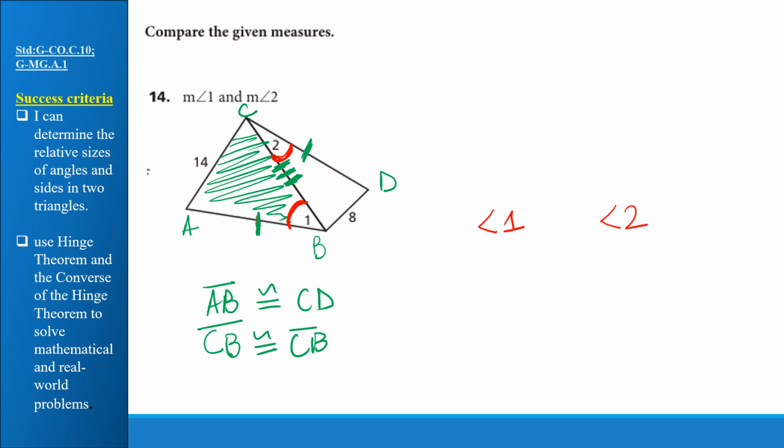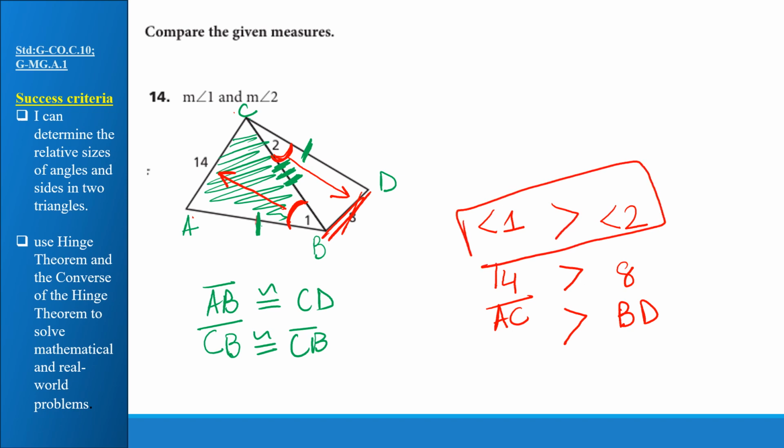Opposite to angle 1, the side measurement is 14 and the name of the side is AC. Opposite to angle 2, the side measurement is 8 and the name of the side is BD. Now compare 14 and 8. 14 is bigger, so side AC is bigger and hence angle 1 is bigger than angle 2.